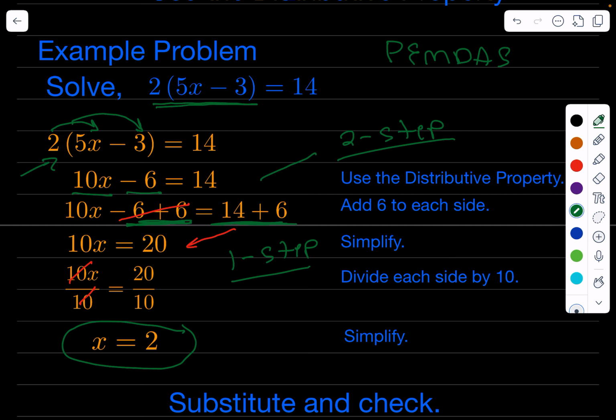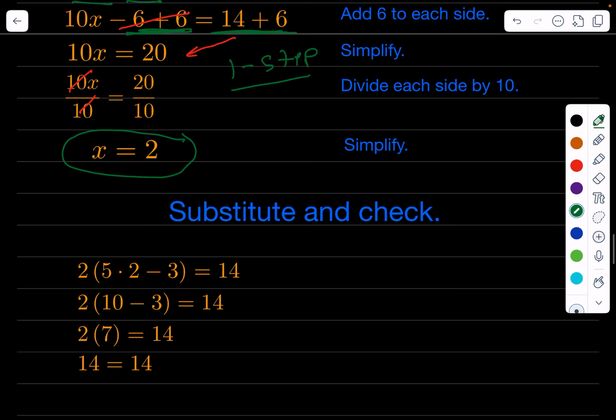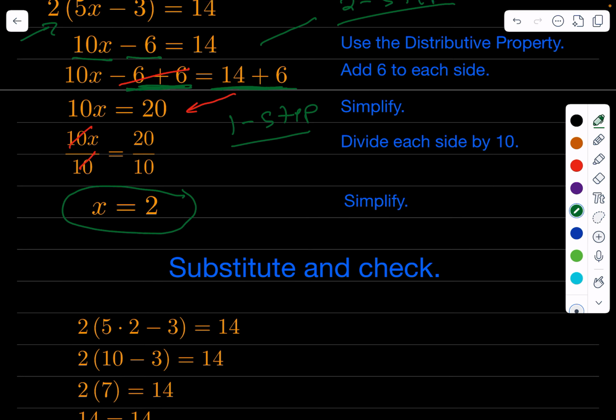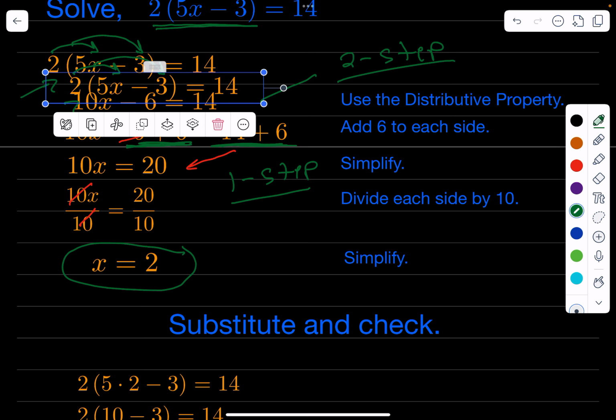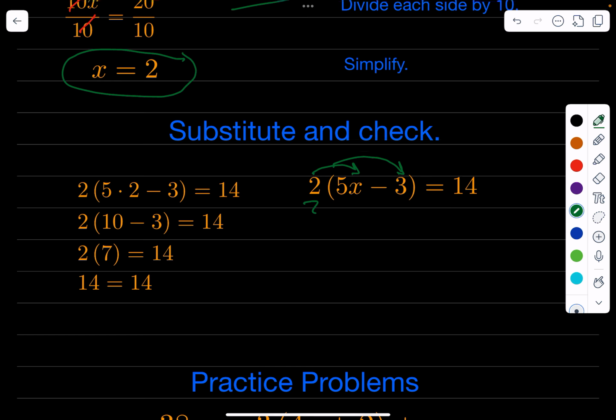Now, we always have to go back and check our answer. So we're going to go back and plug 2 in. I think our original equation was, let me rewrite this. Okay, actually we can copy. I'll bring it down.